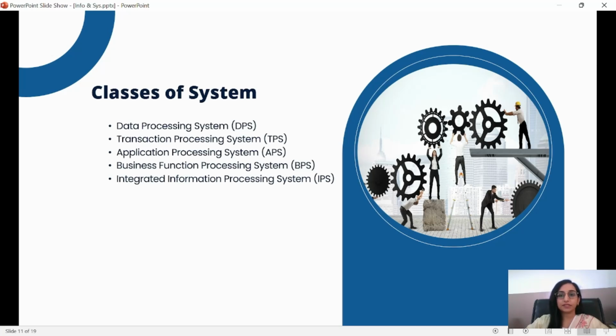A transaction processing system is highly reliable, consistent, and efficient. Transaction processing systems may also be referred to as real-time processing systems.